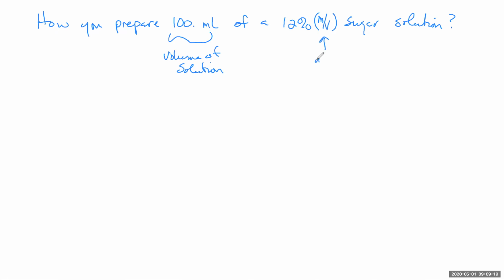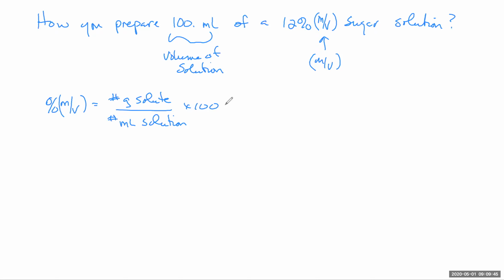And notice that this is mass to volume now, and before it was mass to mass. So in order to solve this problem, we need to know the formula for mass to volume: the percentage mass to volume is equal to the number of grams of solute divided by the number of milliliters of solution times 100.